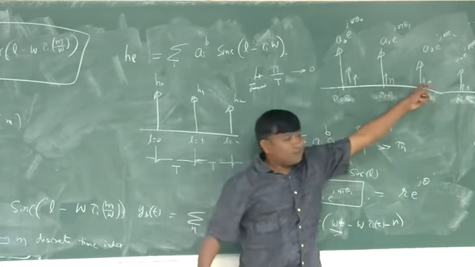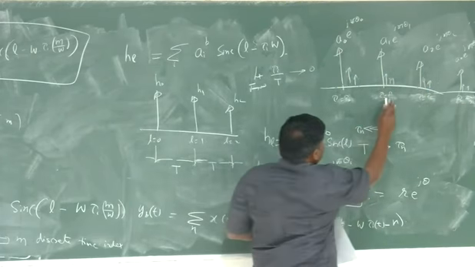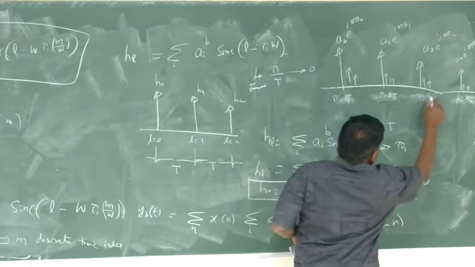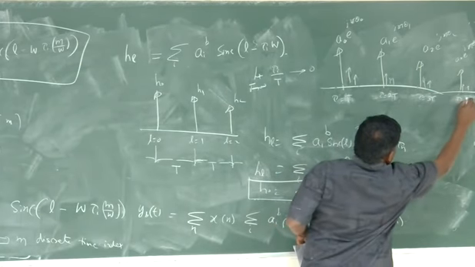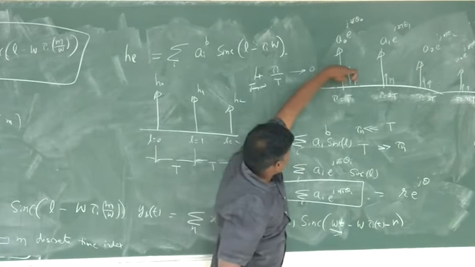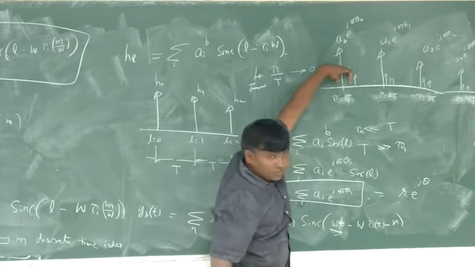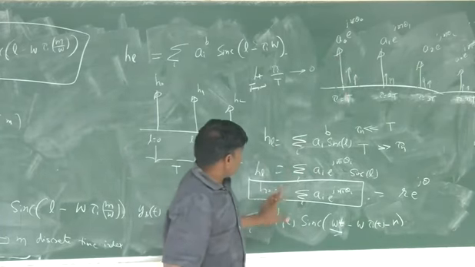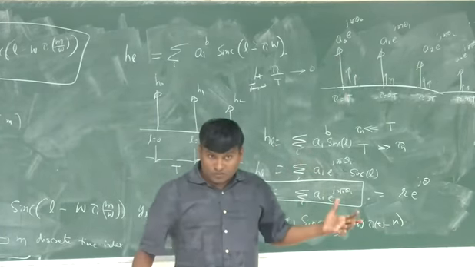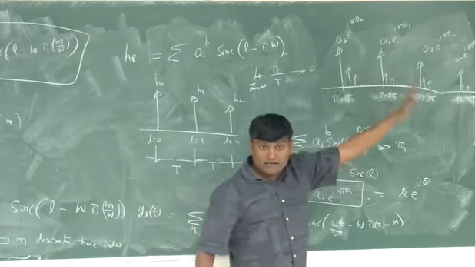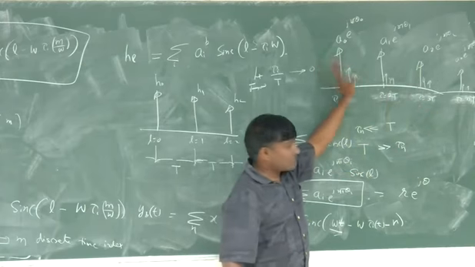Of course, there may be contributions from others also, but if these occur at T, 2T, 3T, NT, and there are other rays in between, and these rays are all clustered very closely, all these rays will contribute to one effective tap which has a Rayleigh distribution. All these rays will contribute to another tap which has a Rayleigh distribution, and they are statistically independent of each other.